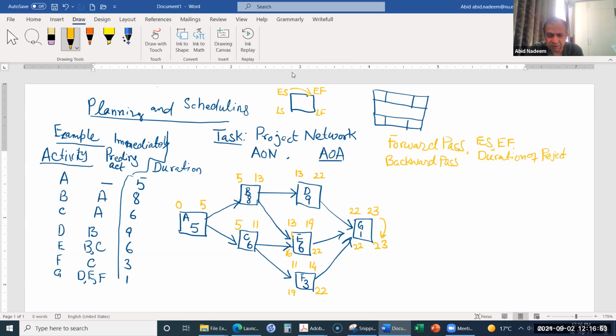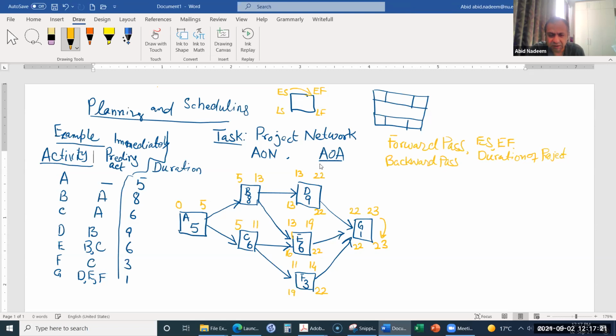What will it be for activity D? Same, 22. Okay, so for activity D, it will be 22. 22 minus 9 is 13.